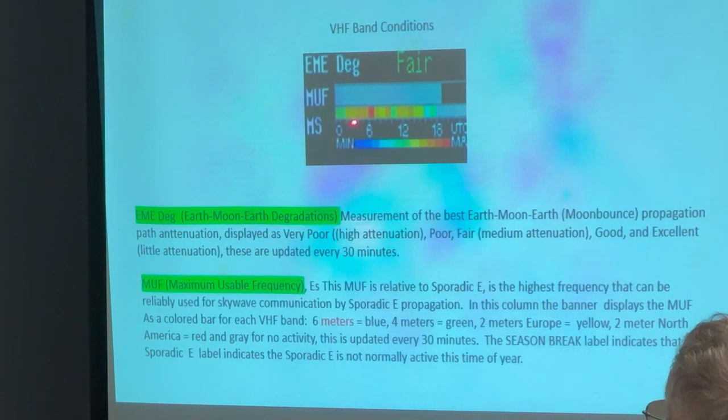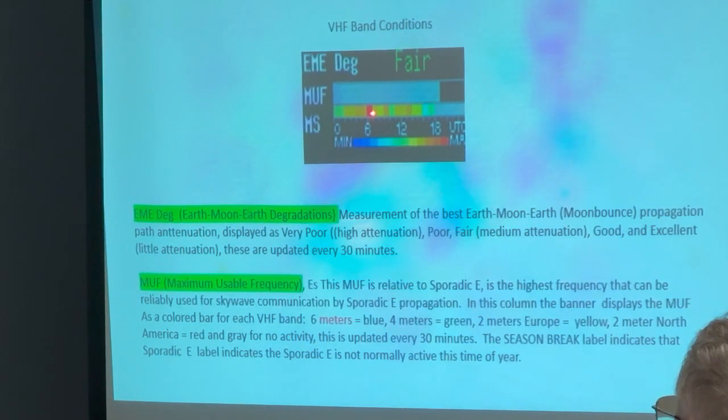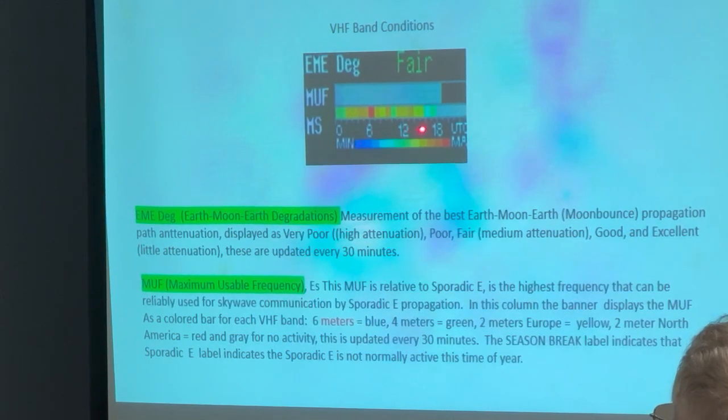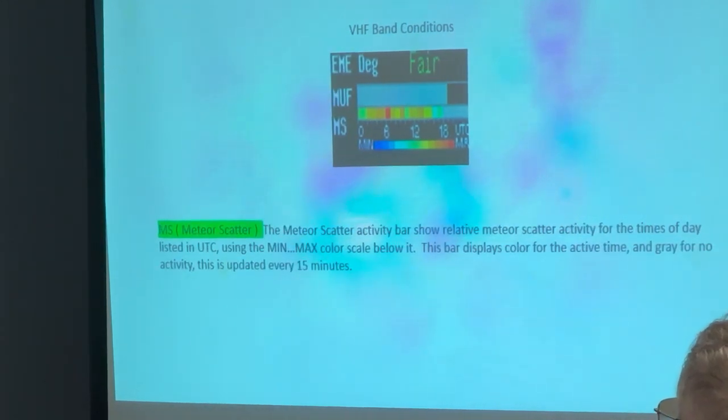This will tell you when they're expecting you to be able to use sporadic E to help get your signal out. And then we have meteor scatter, and that is there. Back to the maximum usable frequency here, you have this gray bar.